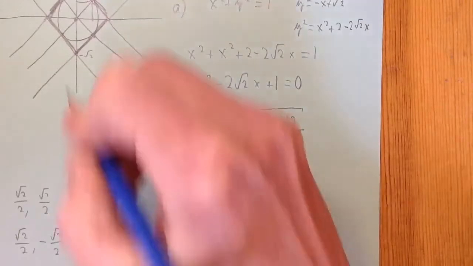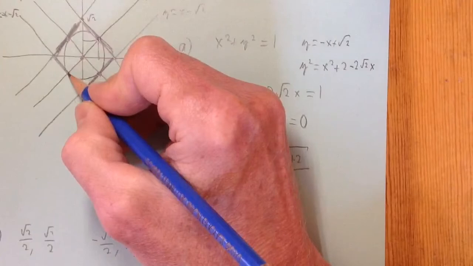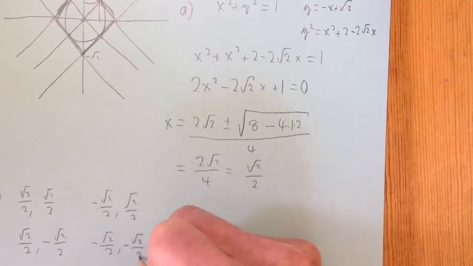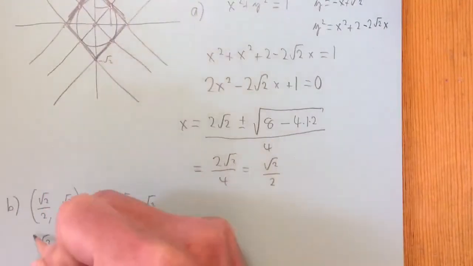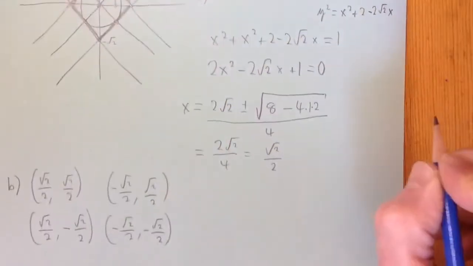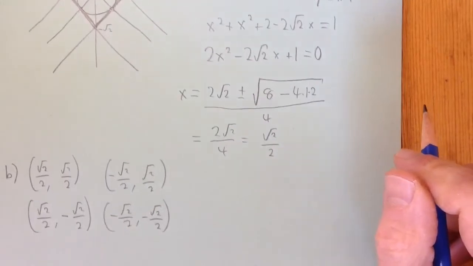And then they're both negative for this last point right here. It's always going to be root 2 over 2. So negative root 2 over 2, negative root 2 over 2. I suppose I should put parentheses around these to make them look like points. Okay, those are the intersection points between the circle and the lines in each line.